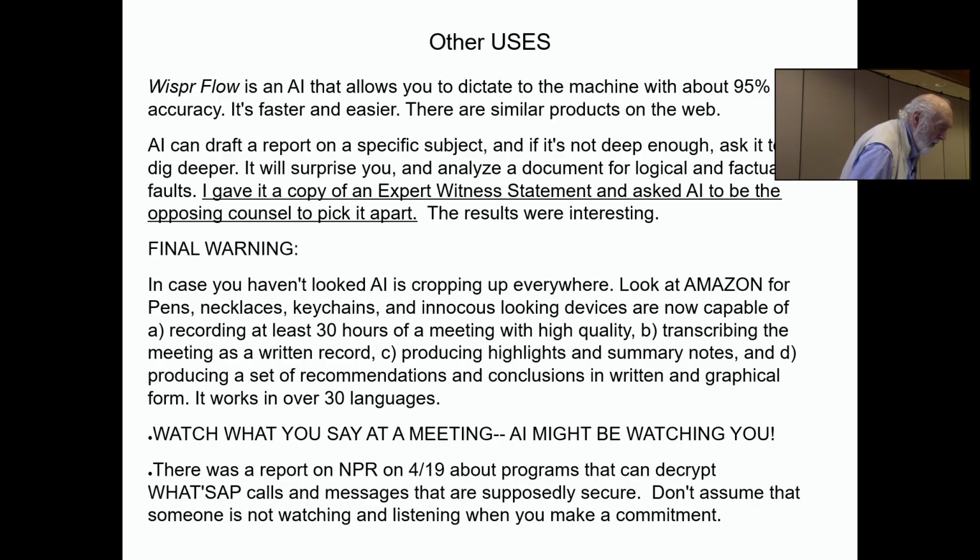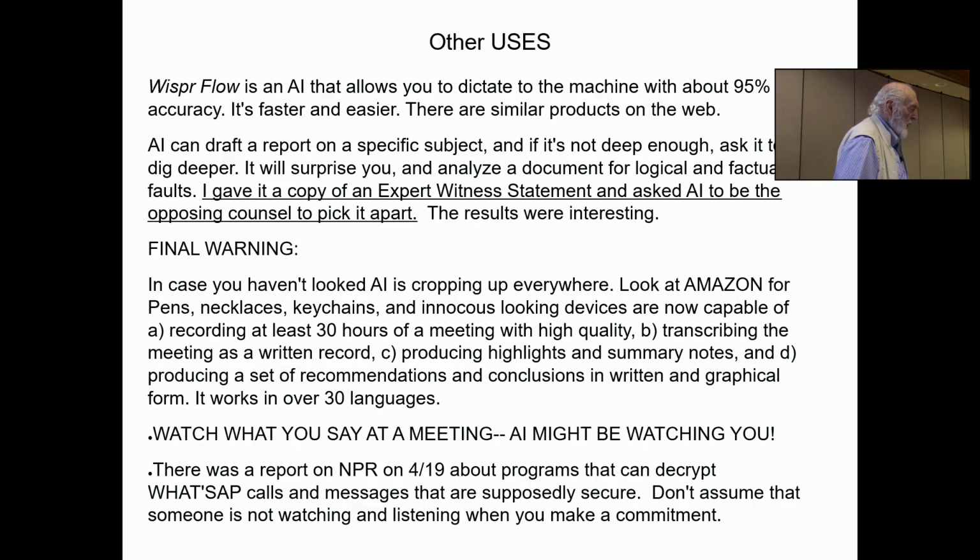In case you haven't looked, AI is cropping up everywhere. Look at Amazon for pens, necklaces, keychains, and innocuous-looking devices now capable of recording at least 30 minutes to, in some cases, several hours worth of data, translating that to either your phone or to your computer, preparing an agenda, and writing everything down.